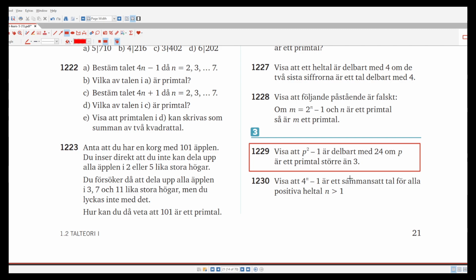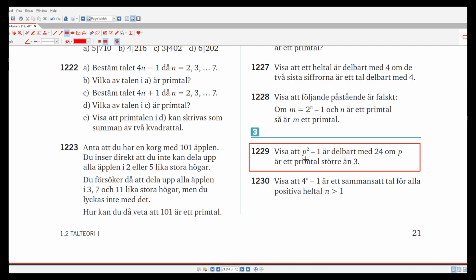I think this should be in the division algorithm one, or divisibility. It's a good problem because we don't know that much about prime numbers, but we guarantee that if p is a prime number except 2 and 3, if you raise any prime number except those to the power of 2 minus 1, it's always divisible by 24.